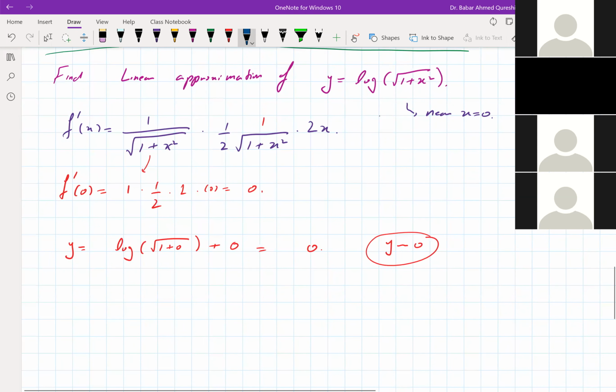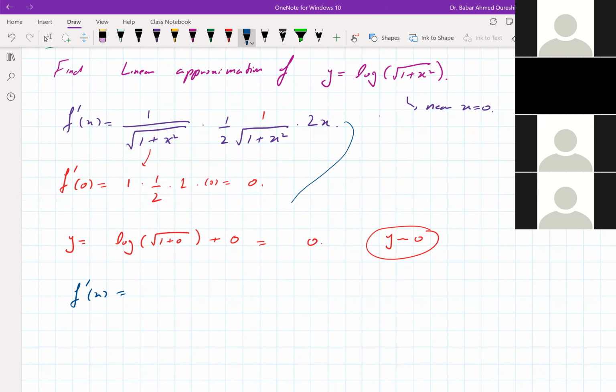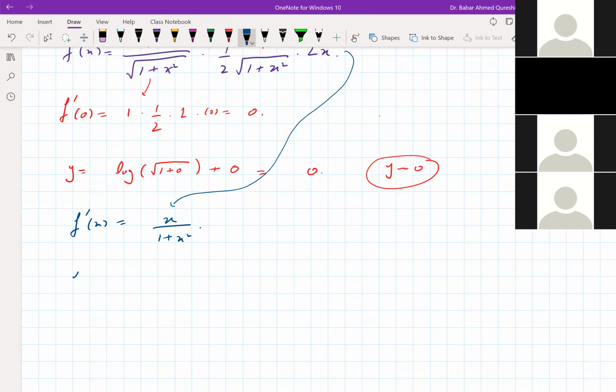So f derivative of x is from here, 1 plus x squared. So double derivative, x squared minus x, 2x.